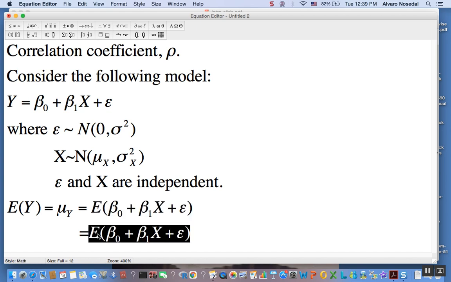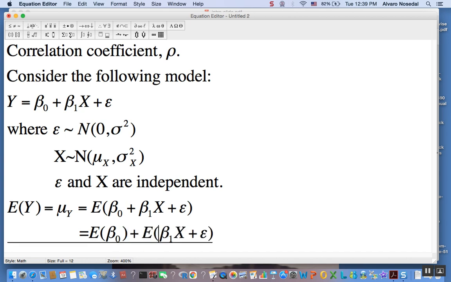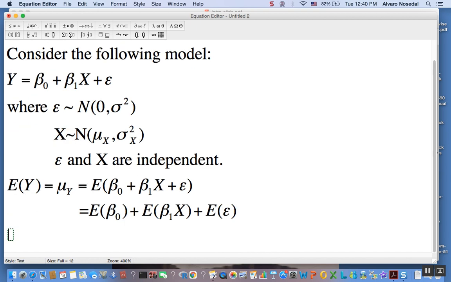So expected value of beta 0, expected value of beta 1 times x, expected value of epsilon. And the expected value of a constant will be the constant itself. So we have beta 0 here.